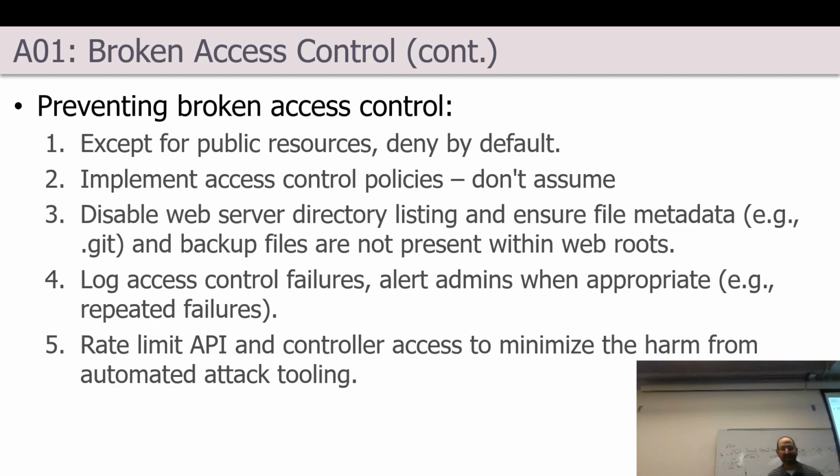Logging, and having processes and procedures for alerting when those types of automated attacks are happening, is an important thing, and potentially providing rate limits on the accessing of resources.